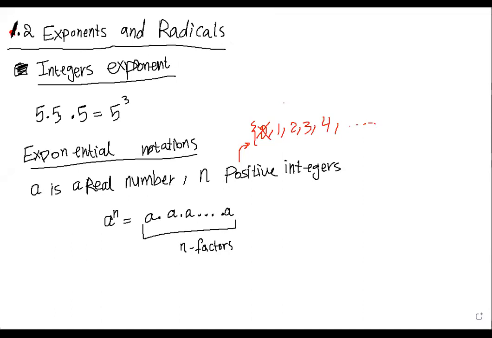Here a is called the base, and n is called the exponent. I'll give you an example for that.